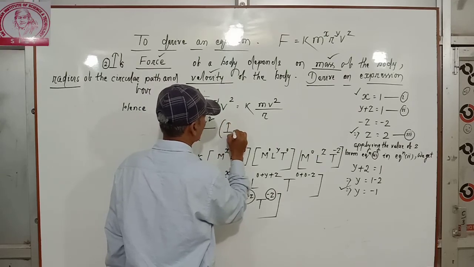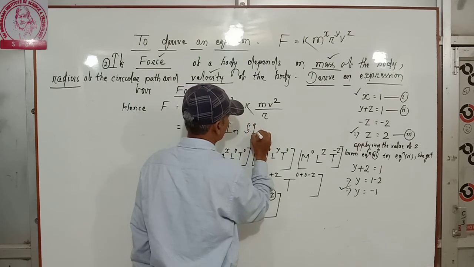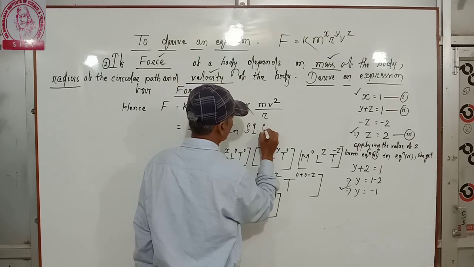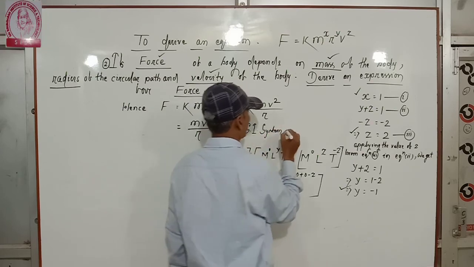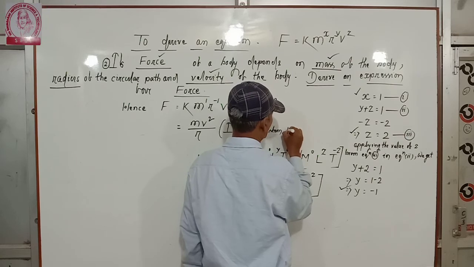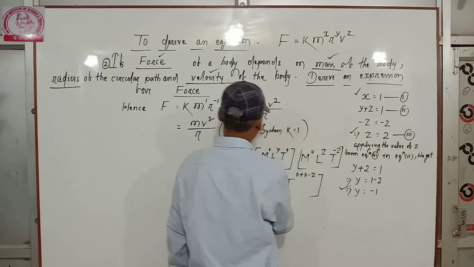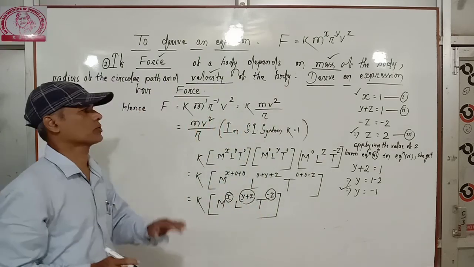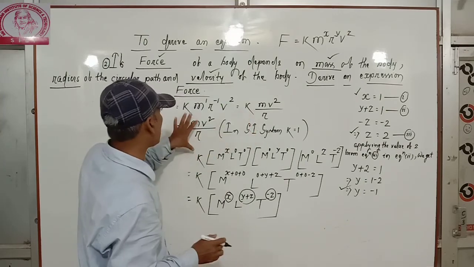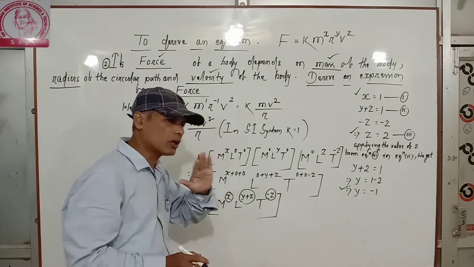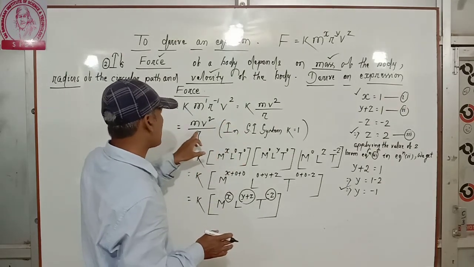In SI system, International System of Units, K is equal to 1. Suppose you do not know what is the value of K, then don't write this. You shouldn't write it is m v square by r.